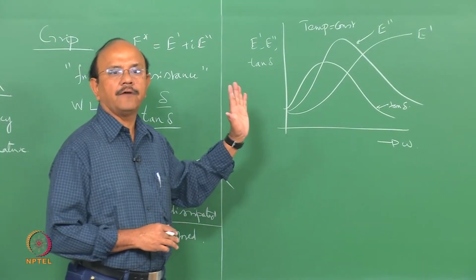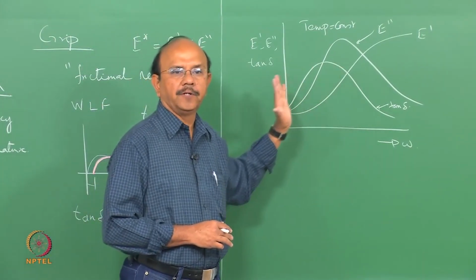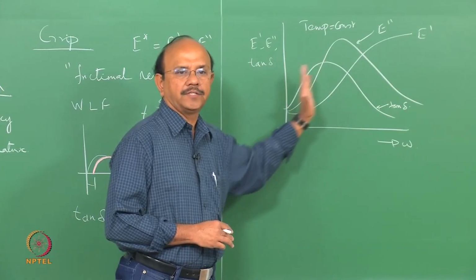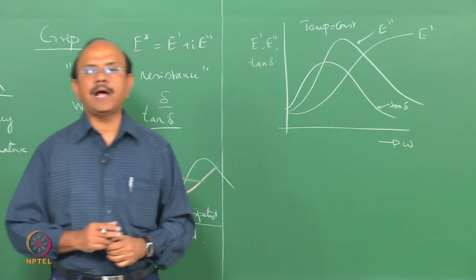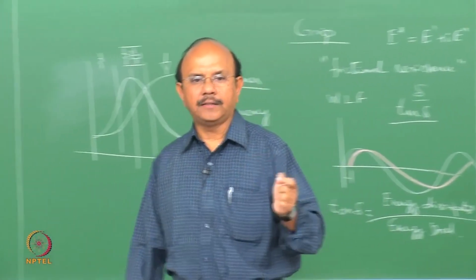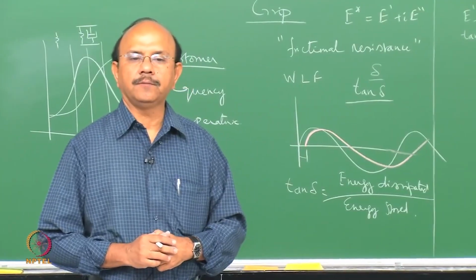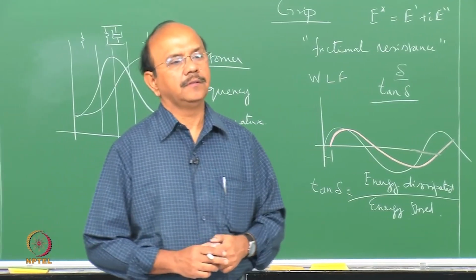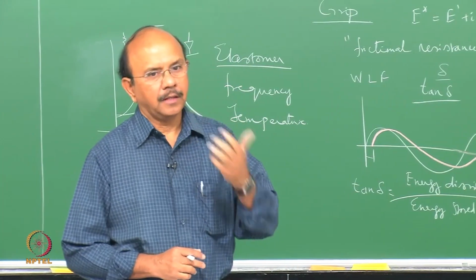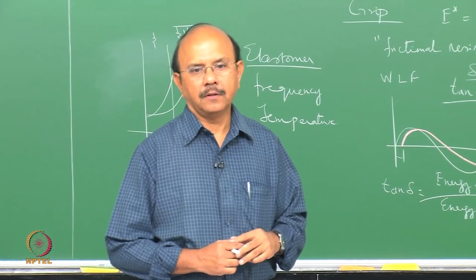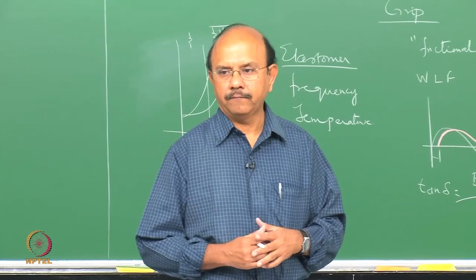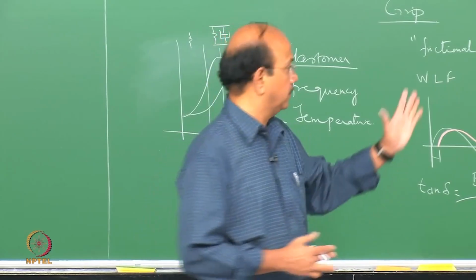This whole graph gets shifted depending upon the temperature. In other words, if I have data at one temperature with respect to frequency, I can find out the data at another temperature by shifting this frequency, in other words, shifting this graph.